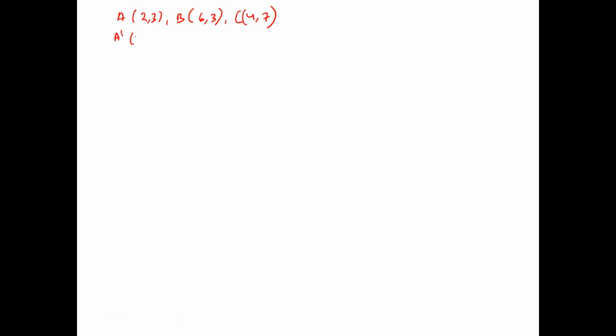Okay, now let us try to draw a diagram of this reflection. We have A dash 2, minus 3, B dash 6, minus 3, and C dash 4, minus 7. Alright, now let us try to draw this.